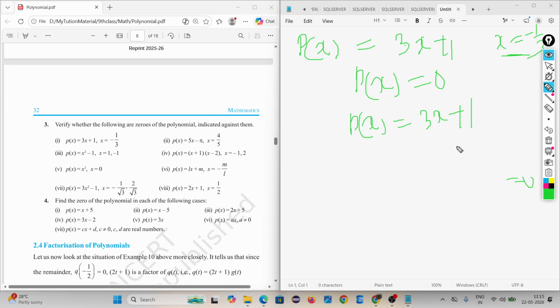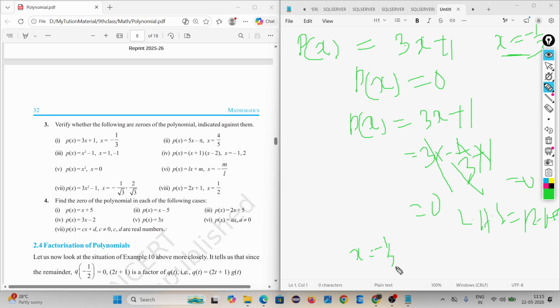Sir, the value is minus 1 by 3. Yes, sir. 3 into minus 1 by 3 plus 1. The 3 cancel, minus 1 plus 1 cancel, it is 0, no? Yes, sir. Then LHS equal to RHS, no? That means x equal to minus 1 upon 3 is a zero of the polynomial.